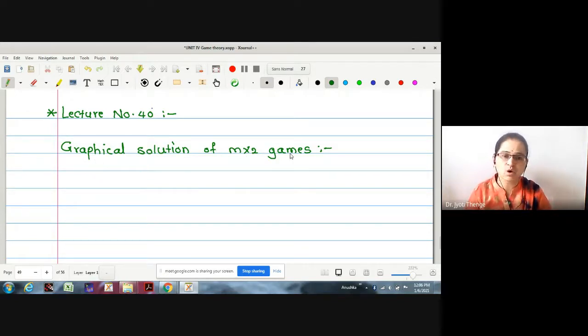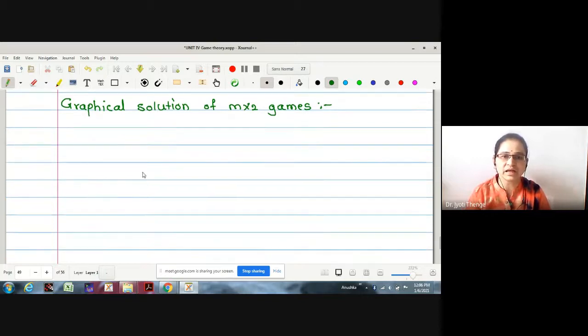The method goes parallelly, only instead of finding the expected payoff of player A, now we will go for the expected payoff of player B. Whenever we write an m by 2 game, what will be the structure? What is the number of activities by A and by B?